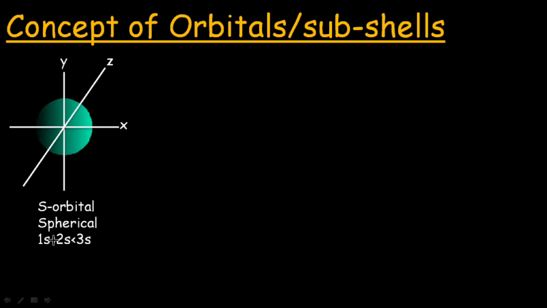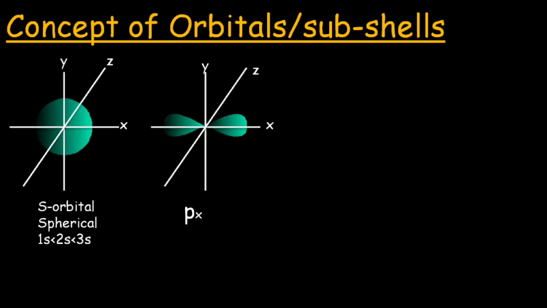So 1s is the s orbital located in K shell or first shell. Its size is smallest. S orbital located in second shell has a greater size than 1s, and so on. So while moving away from the nucleus, the size of s orbital goes on increasing and it is spherical in shape. The probability of finding the electron in s orbital is the same all around.